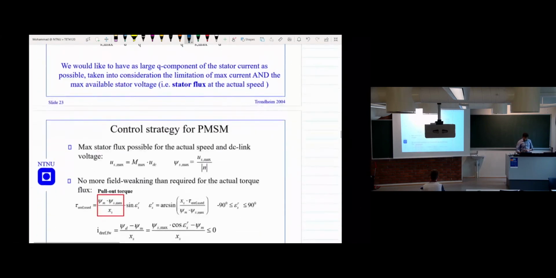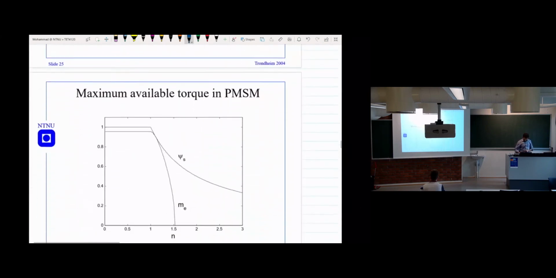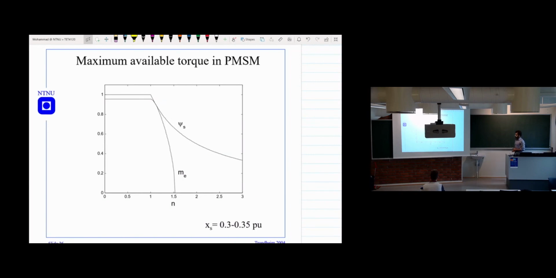I'll show you one example here. This is the speed, and this is the torque and the flux. The machine operates normally up to here, which is 1 per unit speed, and the stator flux is okay.